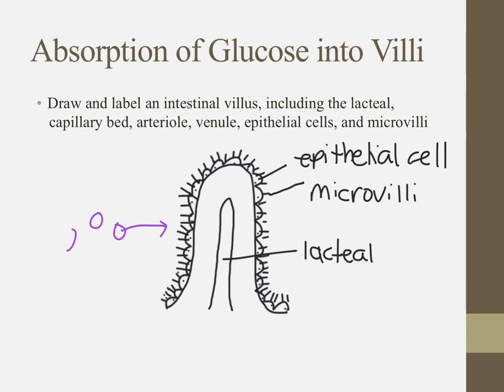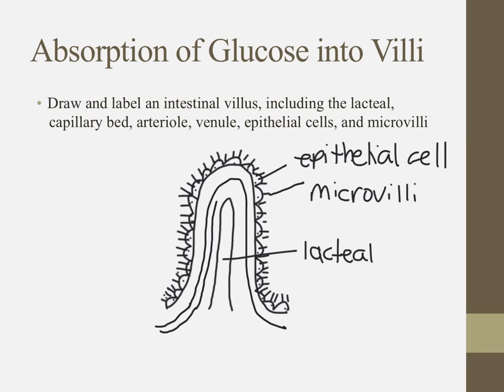So if we're going to talk about the bloodstream, we better plan on drawing the bloodstream. Blood is going to come into the villus through what's called an arteriole, and then just watch this, it's going to flow all the way through here. So that is one blood vessel, like that.